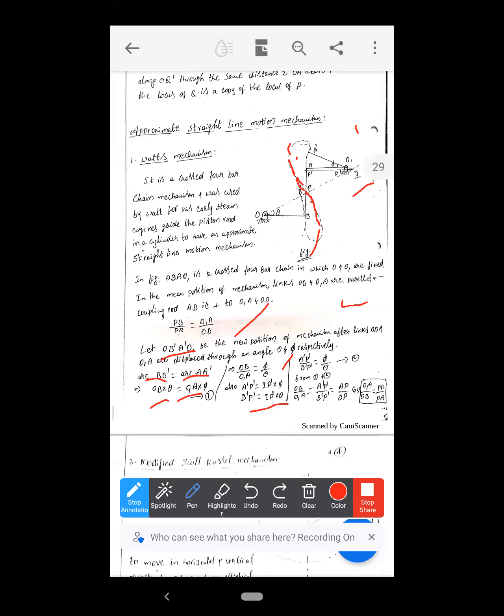Similarly, we write here that O1A by OB equals PB by PA.